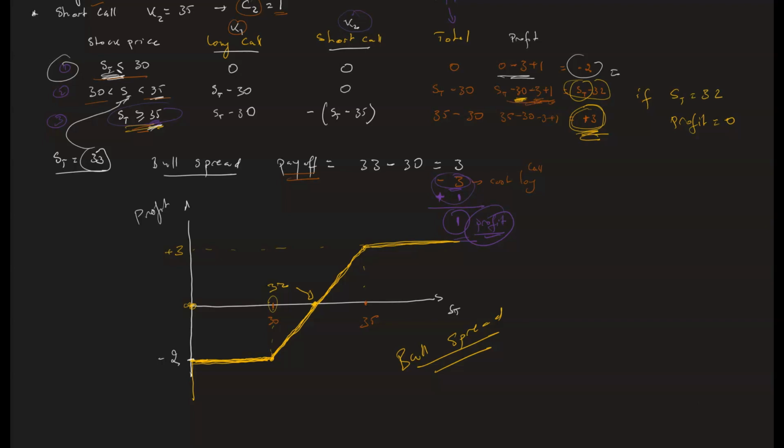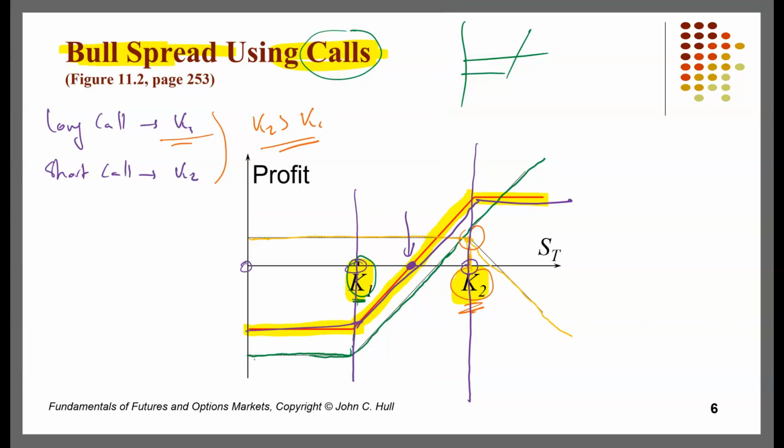And so that would be our break even point where we have a profit of 0. And we would have our flat profit above K2 at this point.